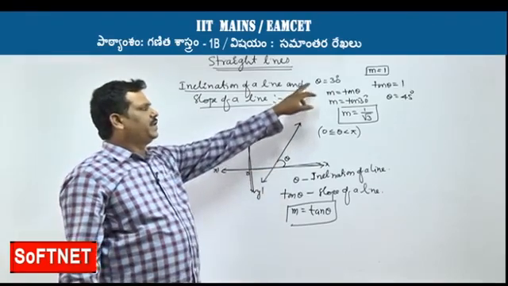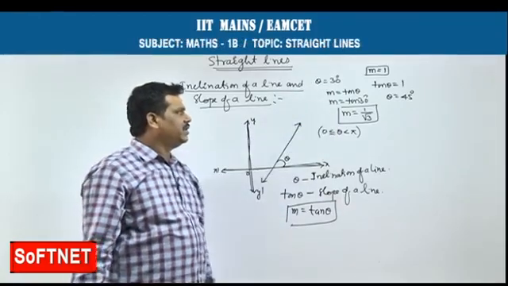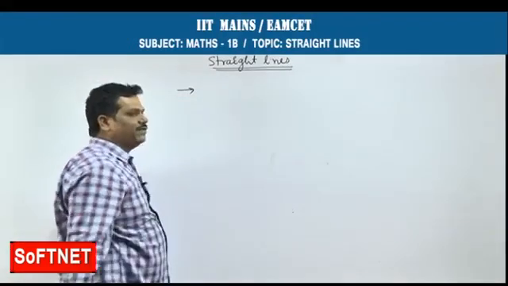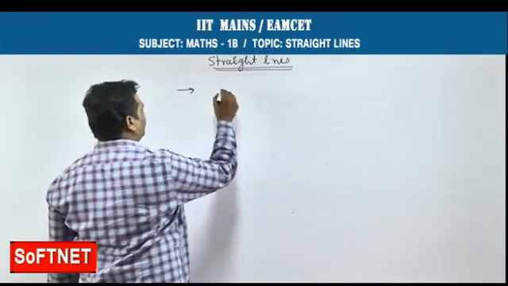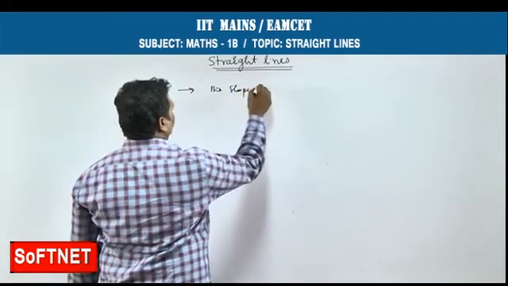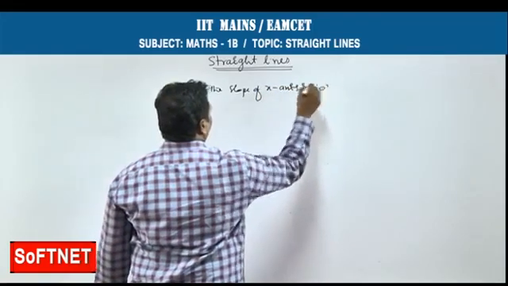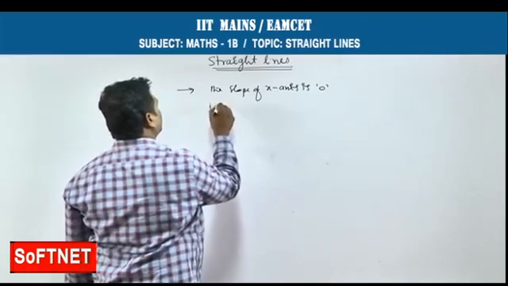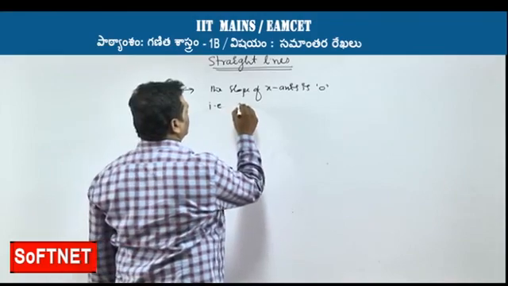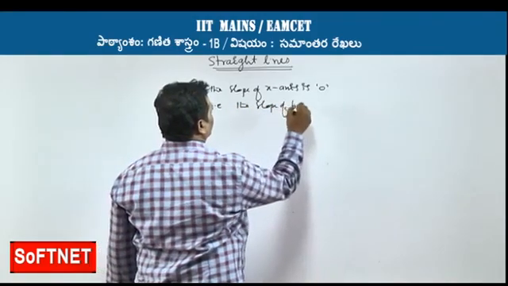The inclination of a line is 30 degrees, then the slope of a line is what? 1 by root 3. Next point is the slope of x axis. The slope of x axis is 0. That is nothing but the slope of horizontal line.